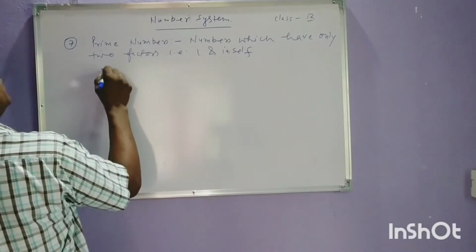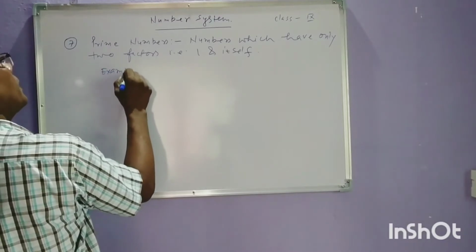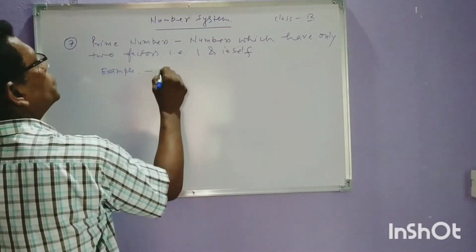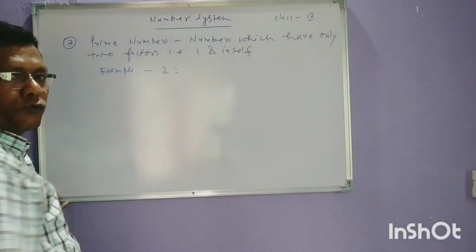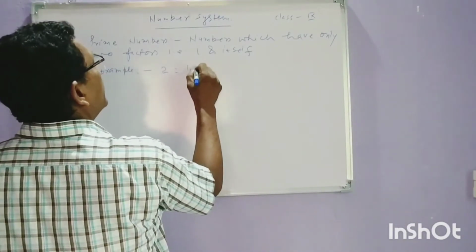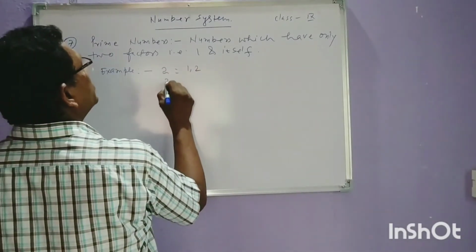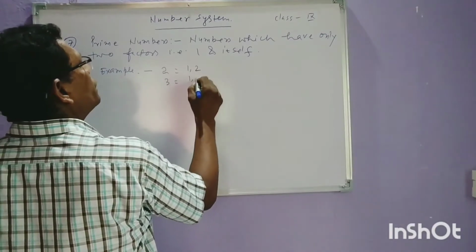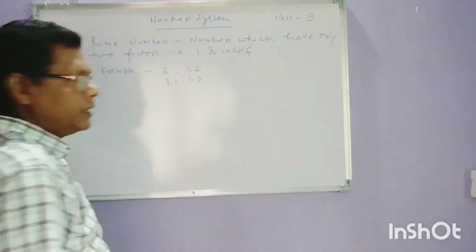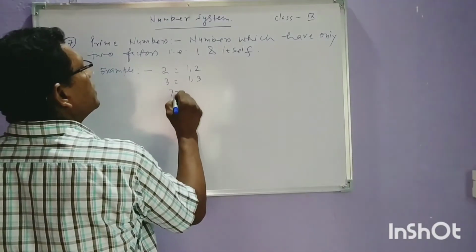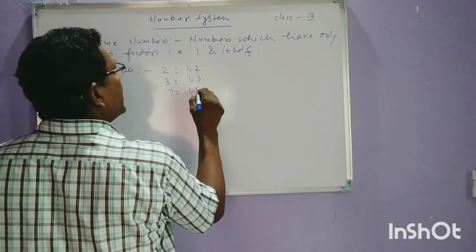For example, 2. It has only two factors, 1 and 2. Similarly, 3. It has only two factors, 1 and 3. Similarly, 7. It has only two factors, 1 and 7.